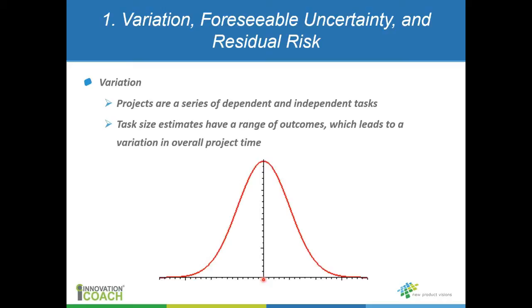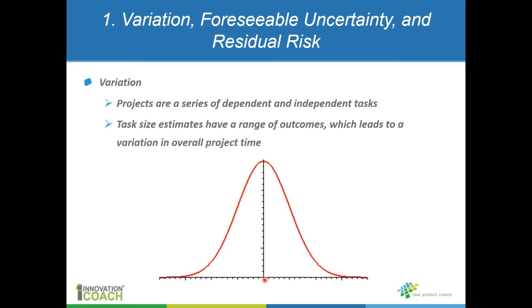The second comment is that I think sometimes we look at our schedule and we forget that when we estimate these tasks, they're really actually not truly statistical entities. There's bias in our estimates. In other words, we tend to be very optimistic about how long things are going to take.